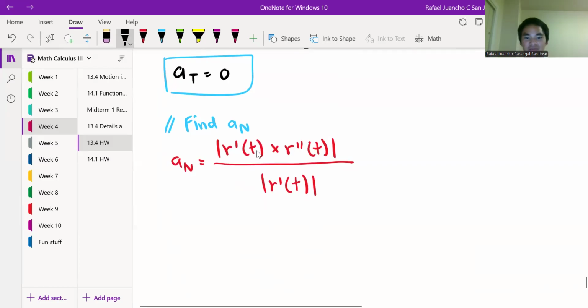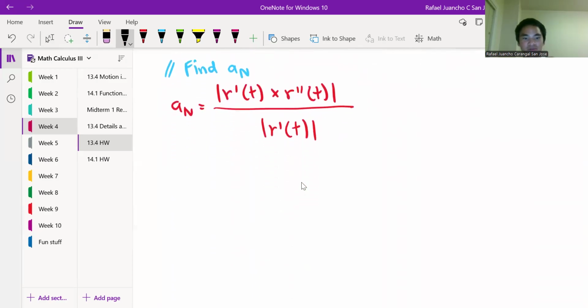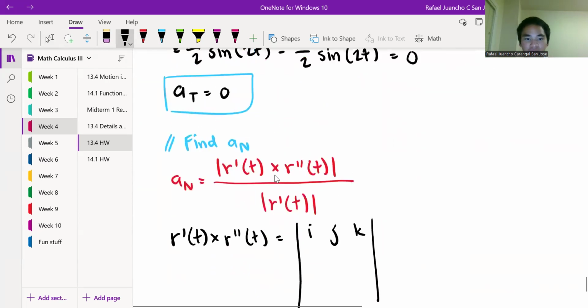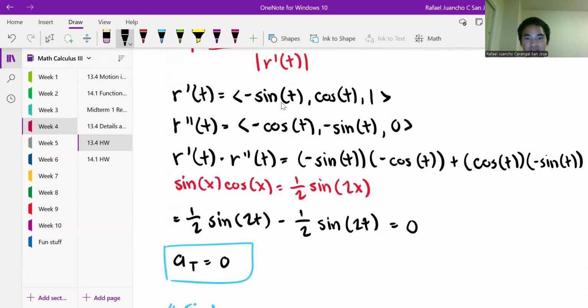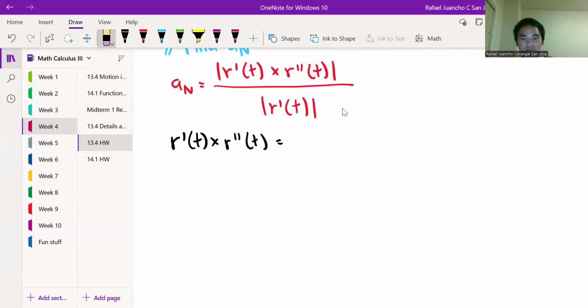So here we do a cross product, and then we compute the magnitude. So let me just do a cross product here. Okay. My R prime of the S components. Oof, this is long. There we go. Much better.